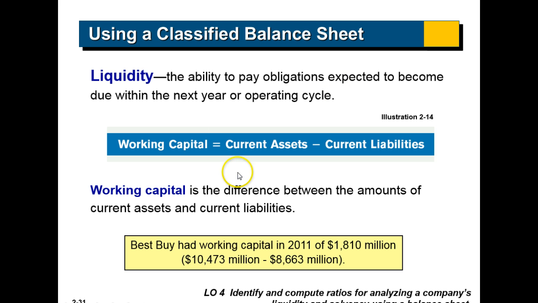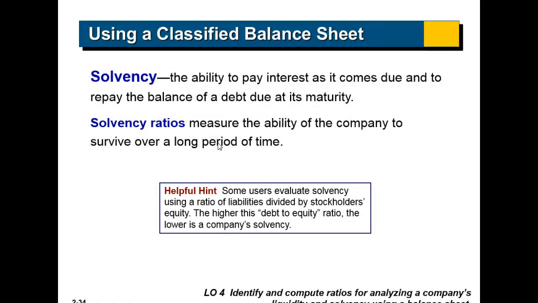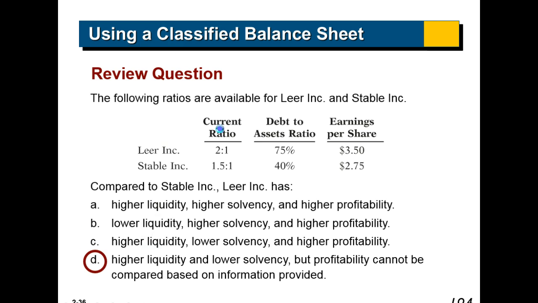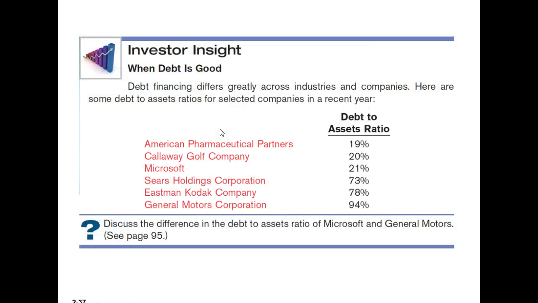Now, when we're dealing with balance sheet, I'm not going to get into any of this right now. I just think I'm better off not. Solvency is basically, can a company keep paying their bills? Again, I'm not going to spend time getting into the ratios because we will deal with that down the road.